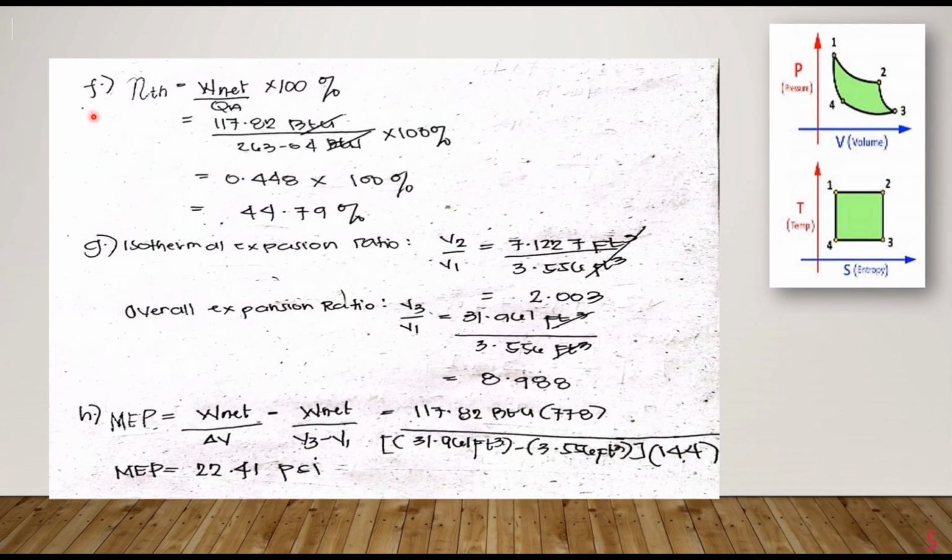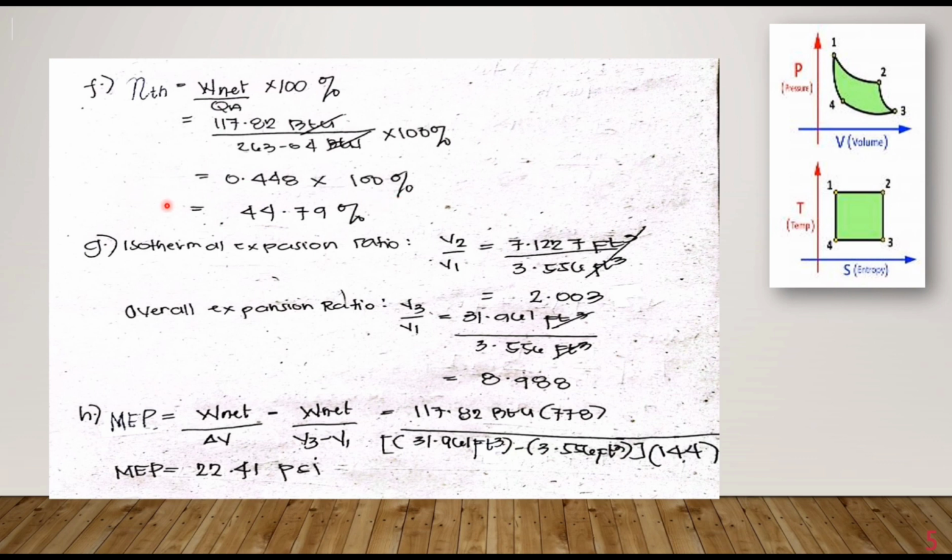Next, for our F, to solve for efficiency, we have W net over QA times 100%. So we have a W net of 117.82 BTU over our QA, 263.04 BTU times 100%. So we have 0.448 times 100%.